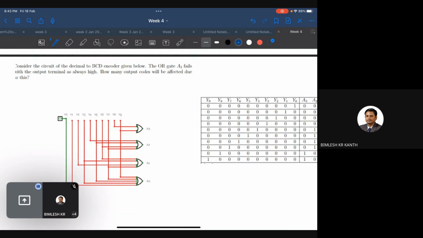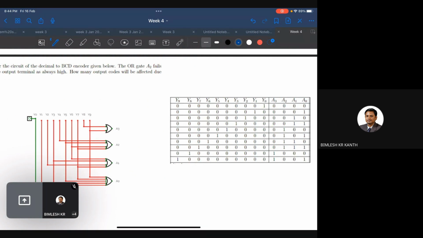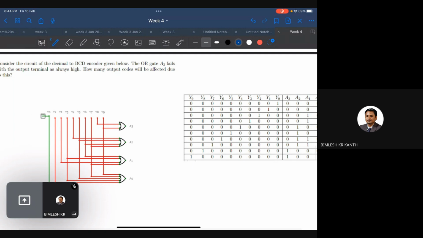Consider the decimal to BCD encoder circuit given below. The OR gate A2 fails with the output terminal always high. How many input codes will be affected due to this? Okay, so this is the BCD encoder.